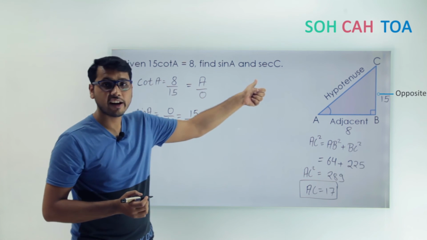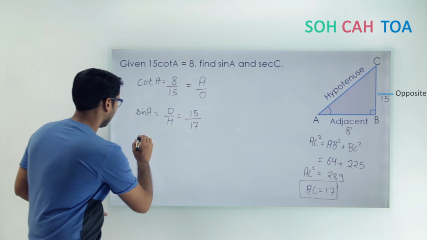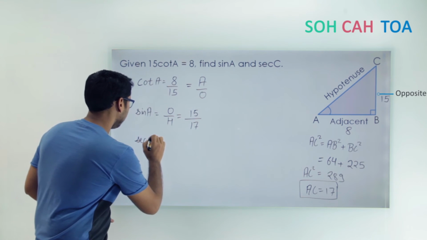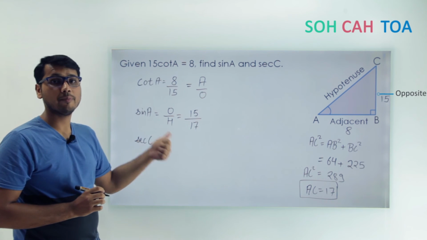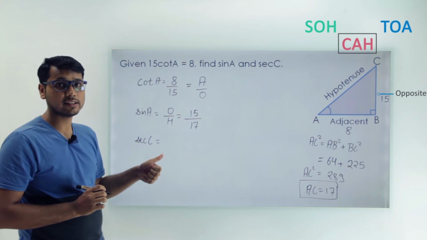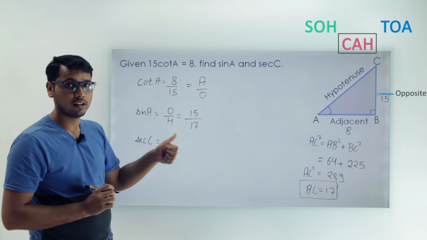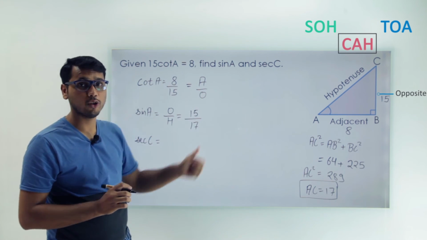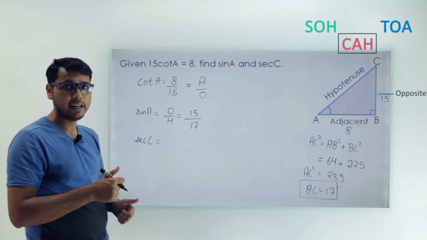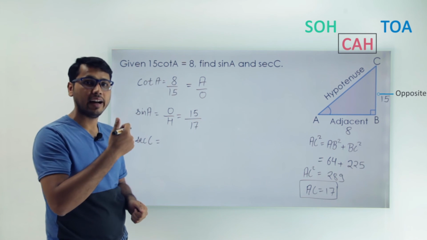Now we have to find the value of sec C. Sec is 1 upon cos, and cos is adjacent upon hypotenuse. So the reciprocal will be hypotenuse upon adjacent.